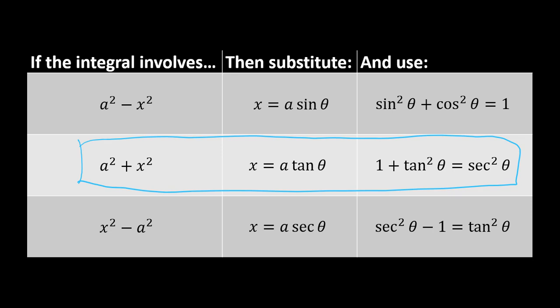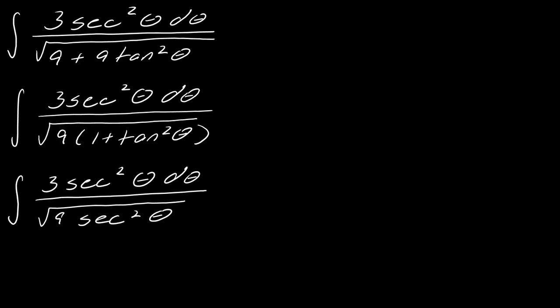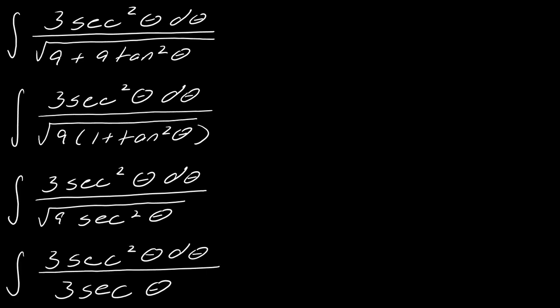What that's going to allow me to do is the 1 plus tangent squared theta is going to turn into secant squared theta. And now I can also evaluate that square root. The square root of 9 secant squared theta is just going to be 3 secant theta. So you can see that I've really shaken up this integral quite a bit.